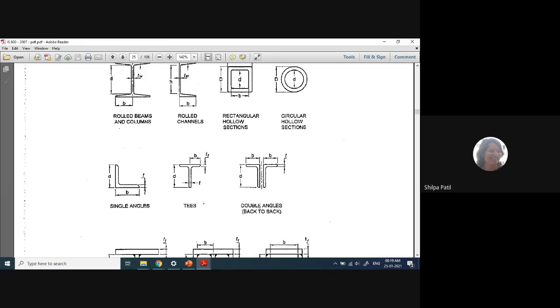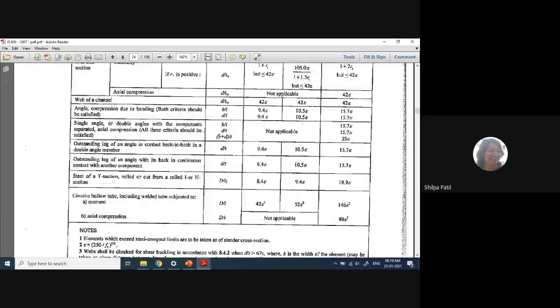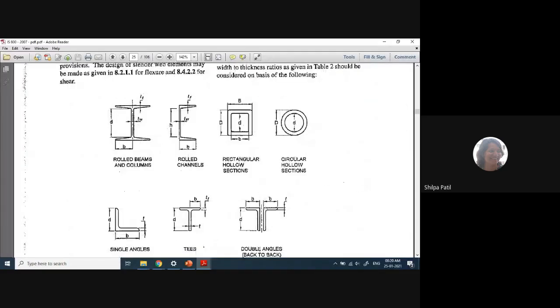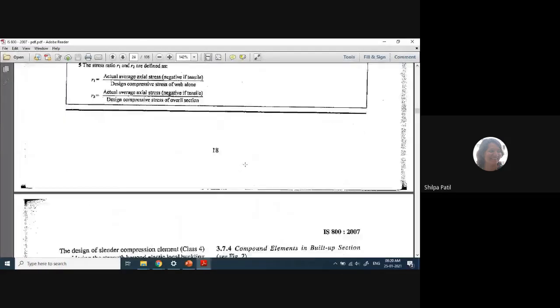So these two legs are in contact, whereas these two legs are not touching each other, or not connected, in other words. These are called the outstanding element. So in case of double angle section, for the outstanding leg of an angle in contact back to back in a double angle member, that value you have to consider for calculation. That means the dimension of this leg you have to consider.